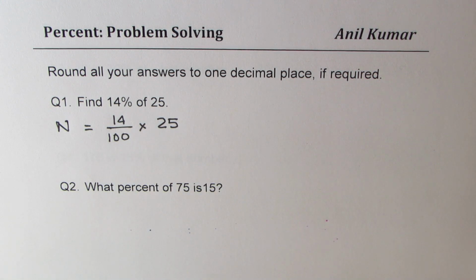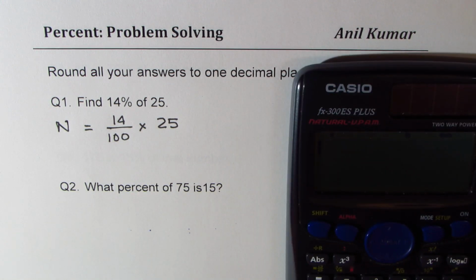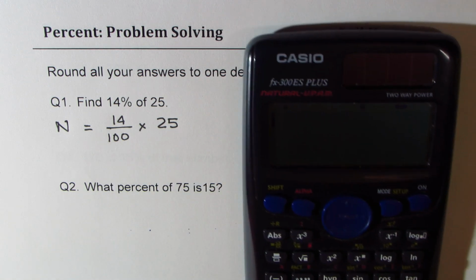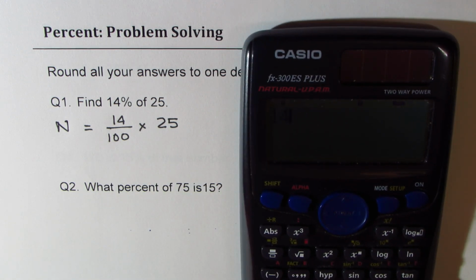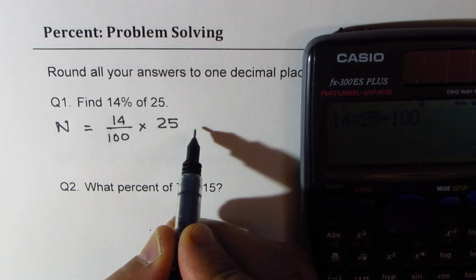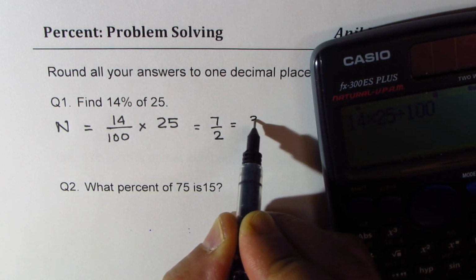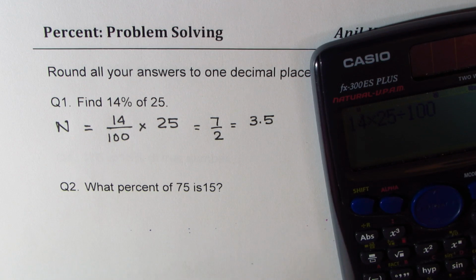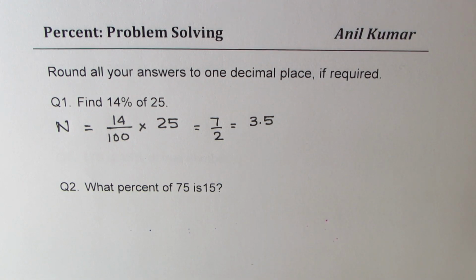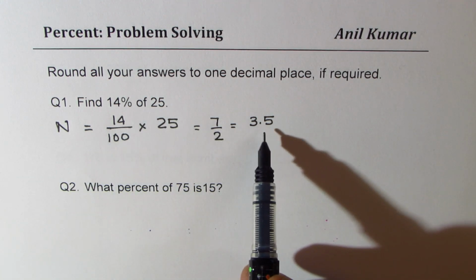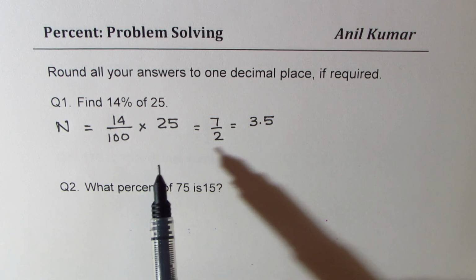Now you can use the calculator. I know this calculation is very simple, still we'll do 14 times 25 and then divide by 100. We get an answer of 7 over 2, which is also 3.5. So 14% of 25 is 3.5, correct?